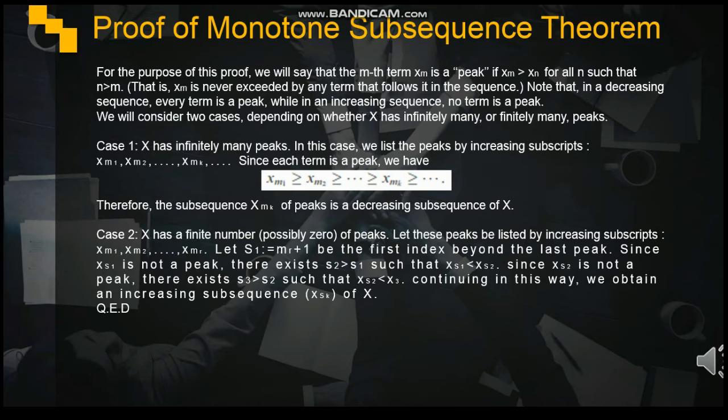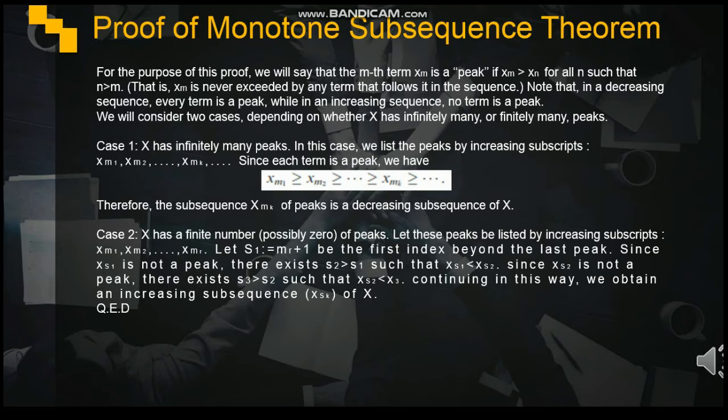In case 2, x has a finite number, possibly 0, of peaks. Let these peaks be listed by increasing subscripts x_m1, x_m2, and so on until x_mr. Let s1, defined as m_r plus 1, be the first index beyond the last peak.